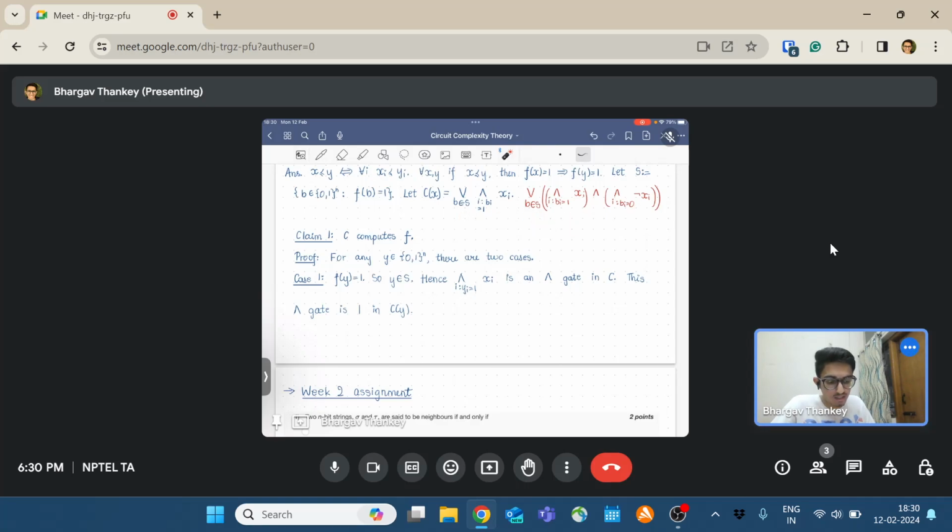Over here, corresponding to a Y there is an AND gate, and that AND gate is one if and only if you plug in Y. Over here, corresponding to every Y there is an AND gate that is one when you plug in Y, but it might also be one when you plug in something else. I think that might be an issue in the second case.